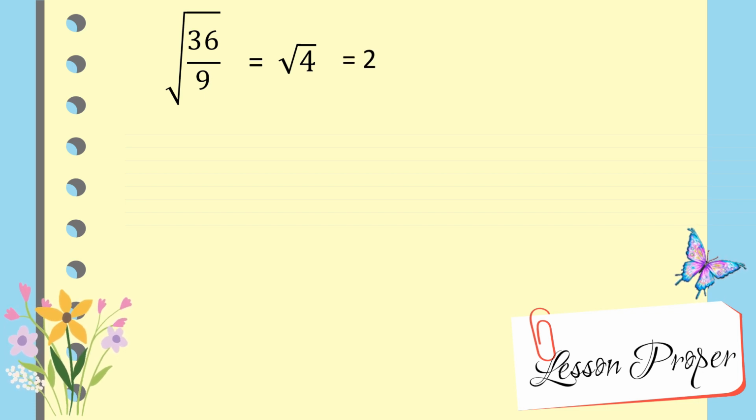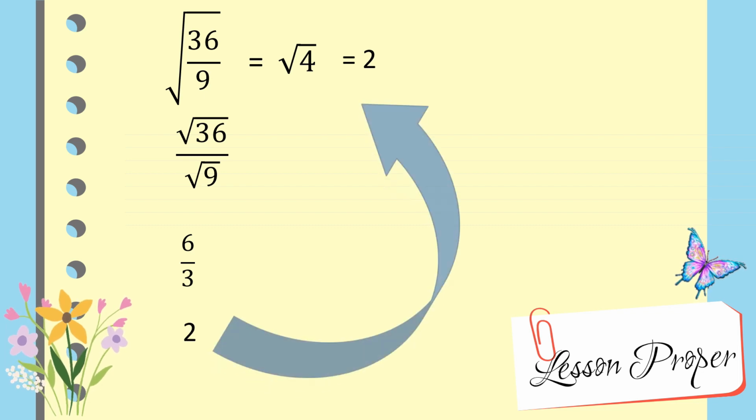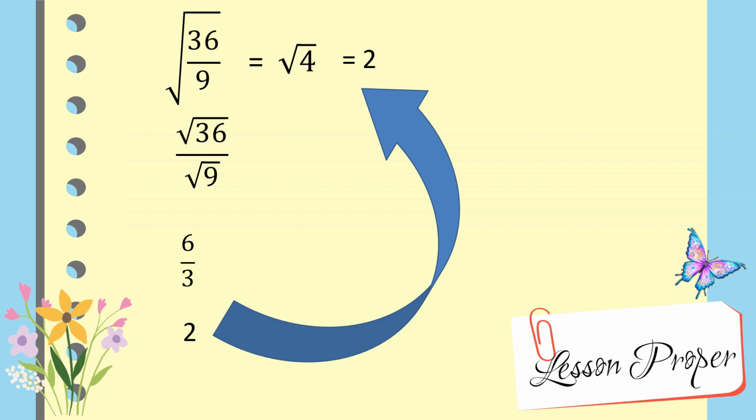Or another way would be by getting the square roots of the numerator and denominator. So square root of 36 divided by square root of 9. Square root of 36 is 6. Square root of 9 is 3. And when we divide 6 and 3, we get 2, which is the same as this.